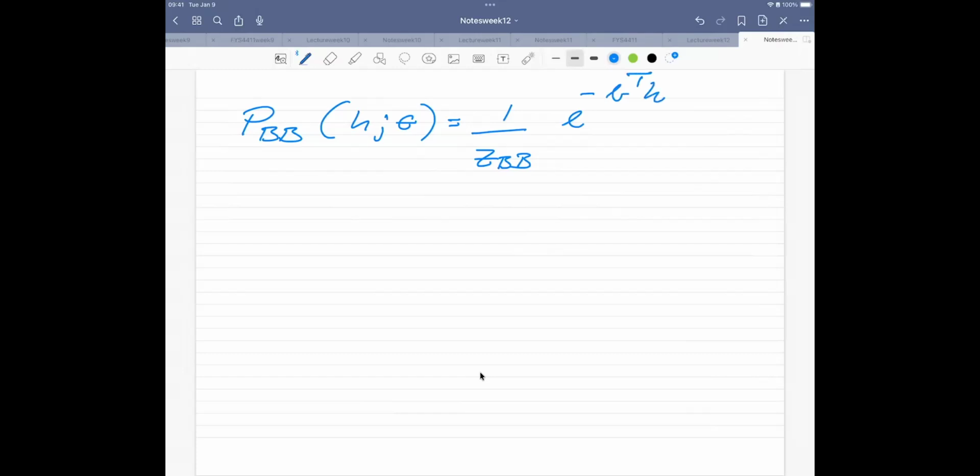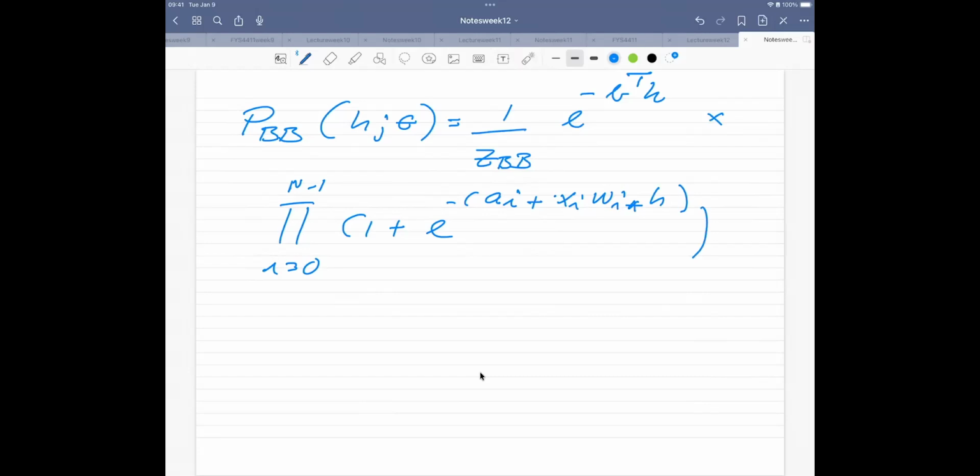And then this is multiplied with a sum over i up to the number of visible nodes, and then I have 1 plus e of minus, not b_j, but a_i plus, and now I have x_i times W_i, and then I'm hitting the right column here, multiplied with h, like that. And that's the next expression which we have.